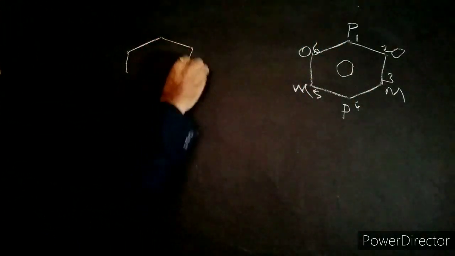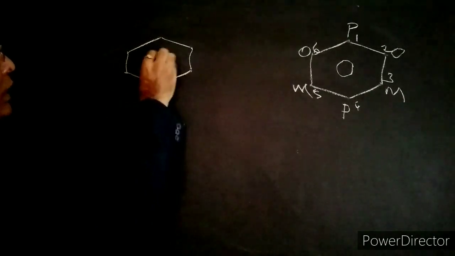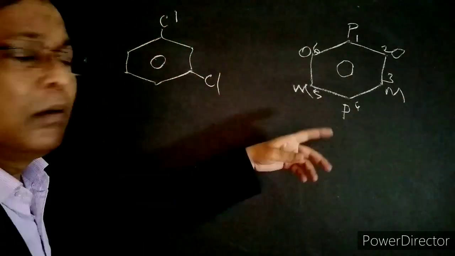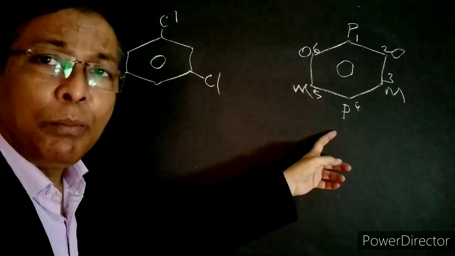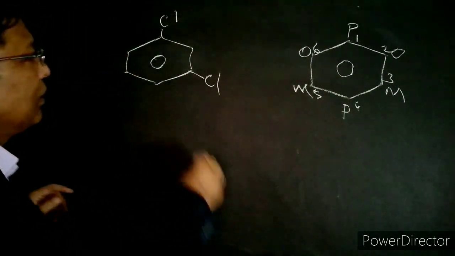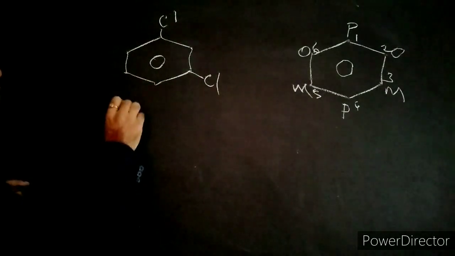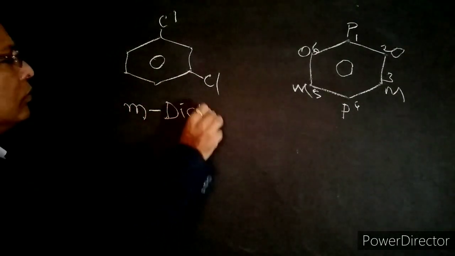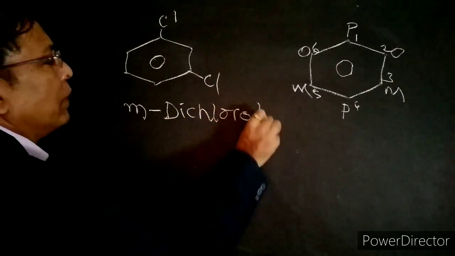Let us take one example. When more than one halogen atom is present on the benzene ring, in common naming, we make use of ortho, para and meta. Here, this is the meta position. So, we write meta dichlorobenzene.